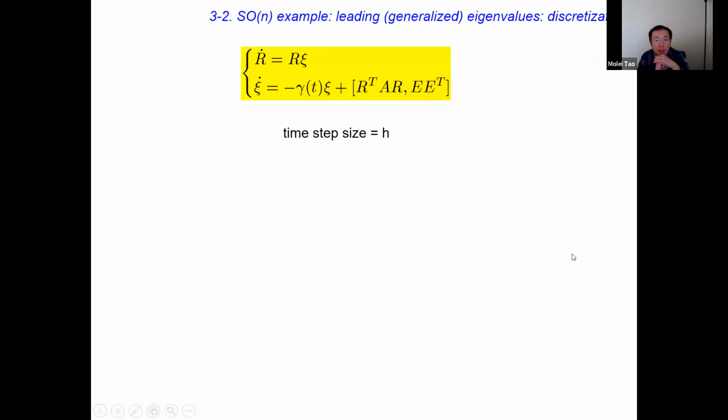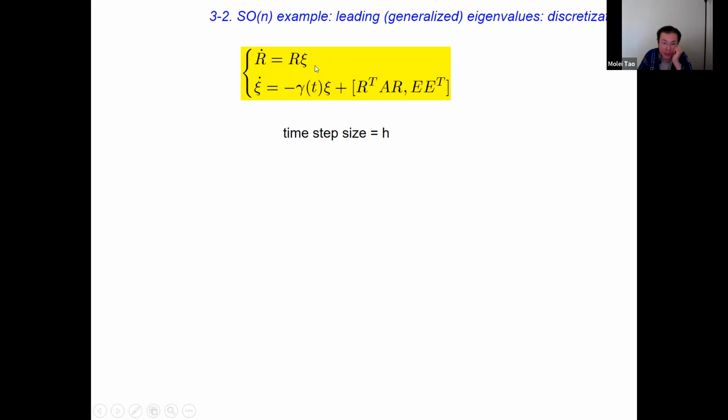So that's the continuous picture. But of course, you may wonder, that's not enough, right? So we need an algorithm. From now on, I'll discretize the time of this dynamics. And for simplicity, I'll use a constant time step, but it doesn't have to be so.